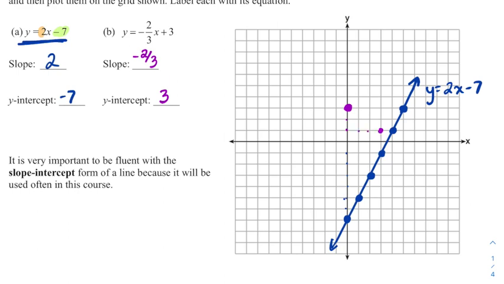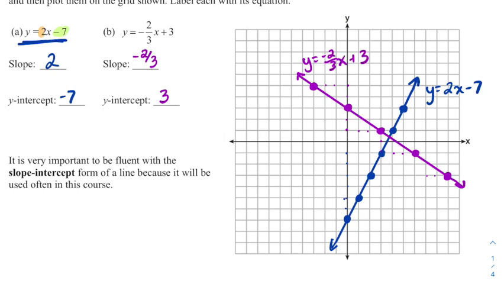Down 2, right 1, 2, 3. And I could go in the other direction too, so up 2 to the left 3 if I wanted to get another point that way. And I could go ahead and connect. And I'll label that as well.